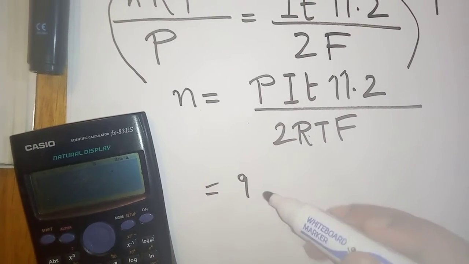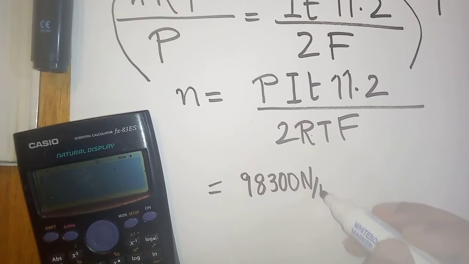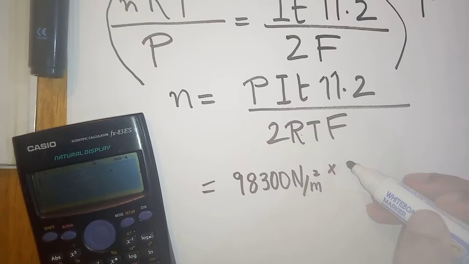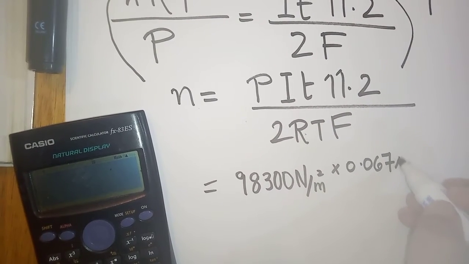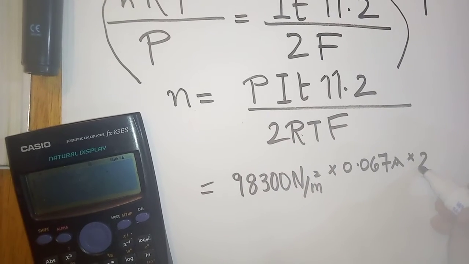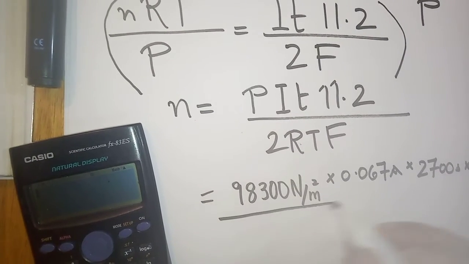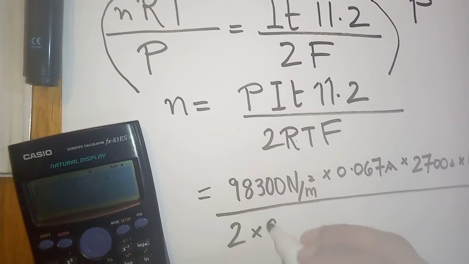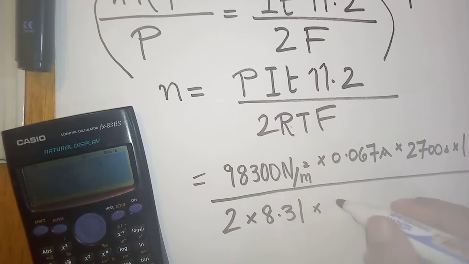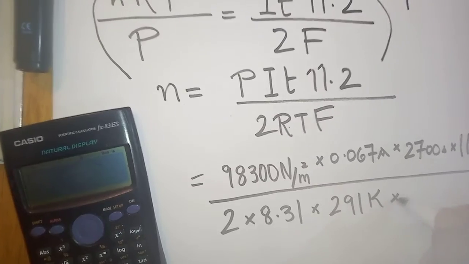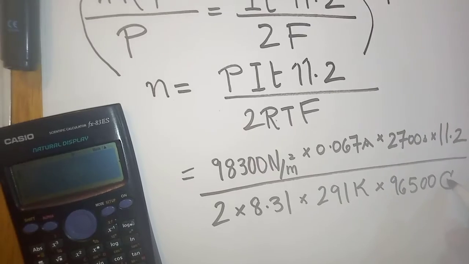So joules per kg per Kelvin, something like that, and then coulombs per mole.